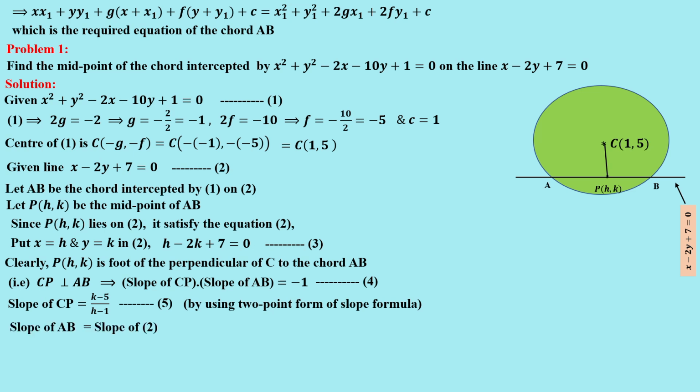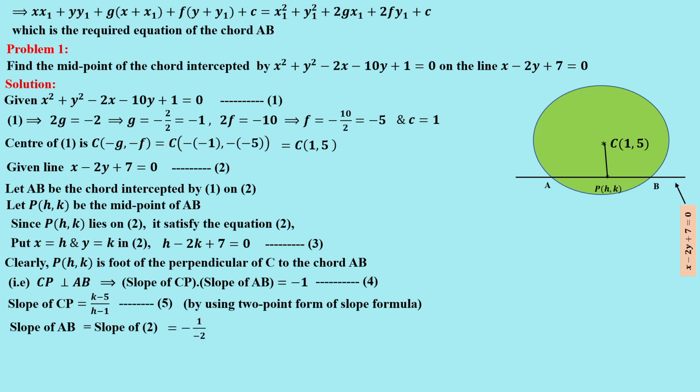Then slope of AB is equal to slope of 2, right? Because the chord lies on the line only, so the equation of AB is nothing but the equation of the line. So slope of AB is the slope of the line x minus 2y plus 7 equal to 0.